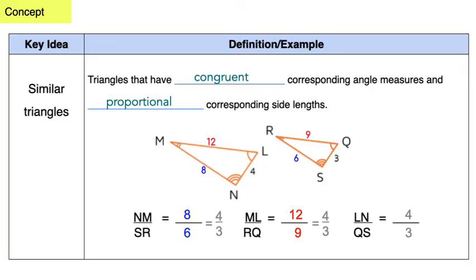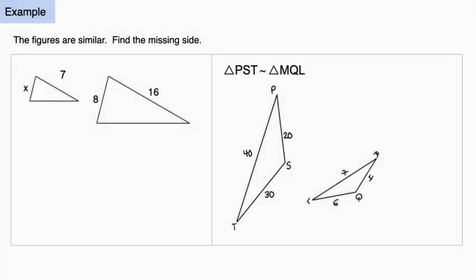So we're going to use corresponding side lengths and solve for some missing sides. In our first example, we're looking for x. I can take a look at that triangle on the right and see a relationship of the side marked as 8 and the side marked as 16, realizing that fraction simplifies to a half.